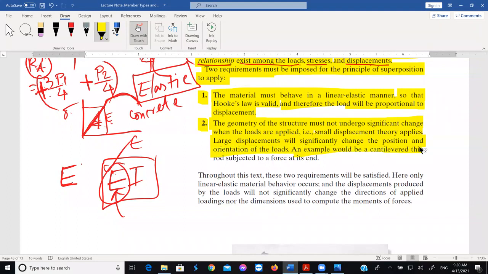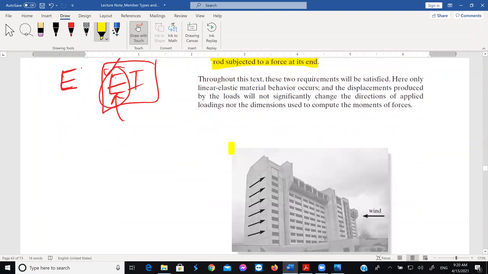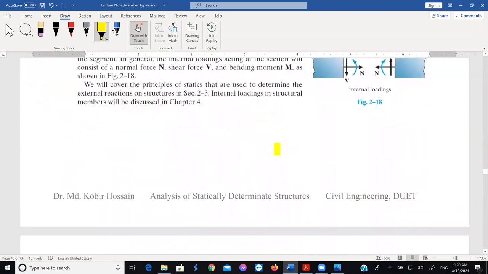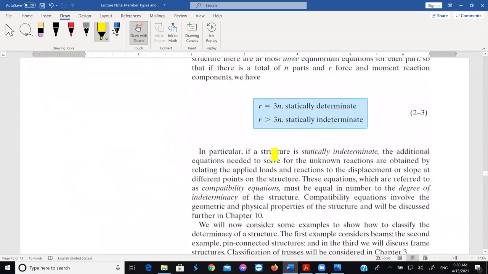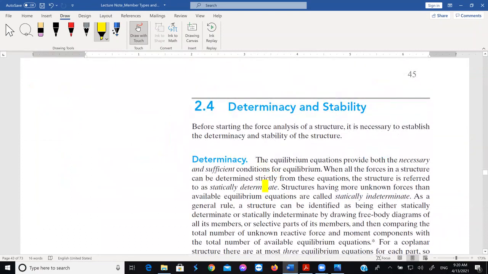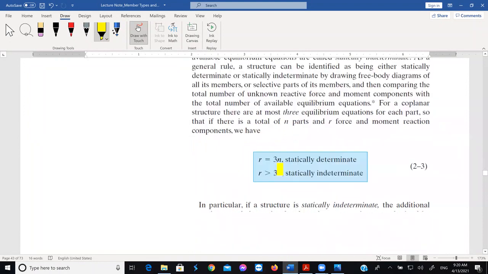An example would be a thin cantilever rod subjected to a force at its end. So that's the limitation, and that's the principle of superposition. Most of the time, you will see we use this principle to determine the shear force, bending moment, displacements, and all sorts of unknowns in our structural analysis.